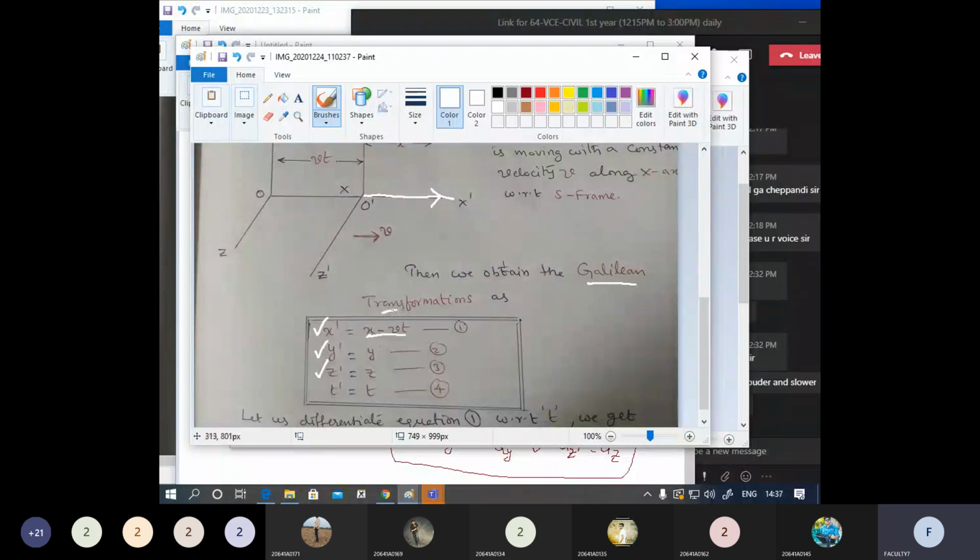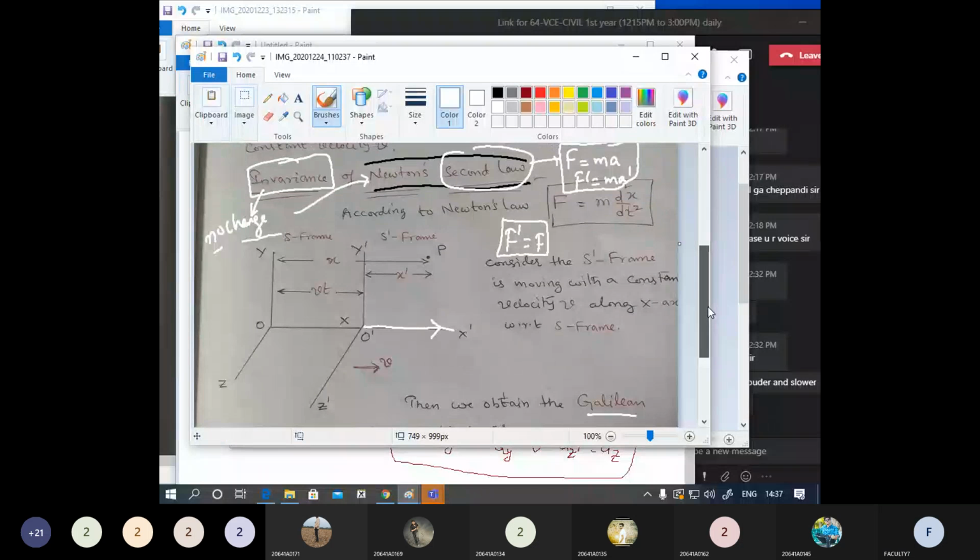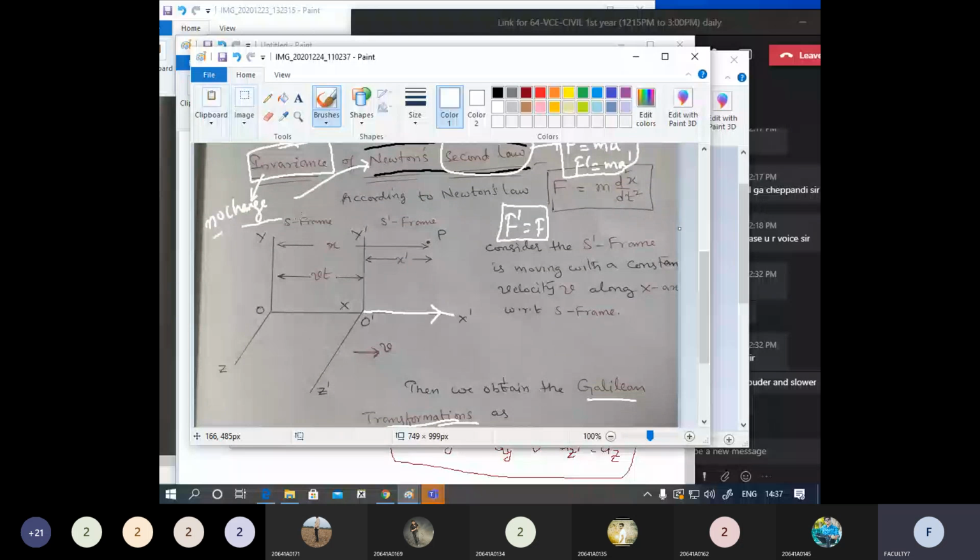You may get a short question to write a note about Galilean transformations, so you need to write this as a short answer. Take the S frame and the S prime frame, and take the movement of the second frame along the x-axis. Mention that it is moving with some velocity v.